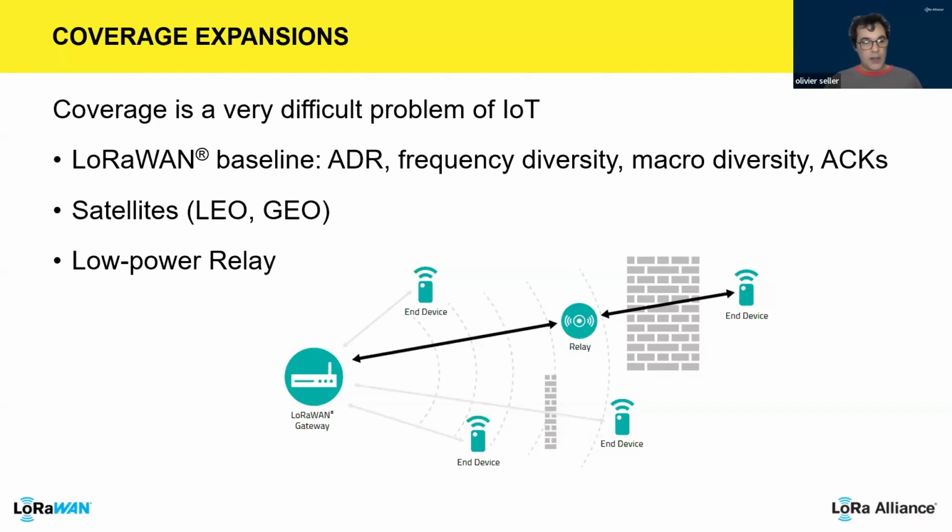We also added a low power relay. Low power relay means it can be battery operated or energy harvesting operated. And that relay is a coverage expansion to address a few devices which are very, very hard to reach. Between the device that is relayed and the relay, there is a special protocol which uses LoRa in a special mode that we call wake-on radio.